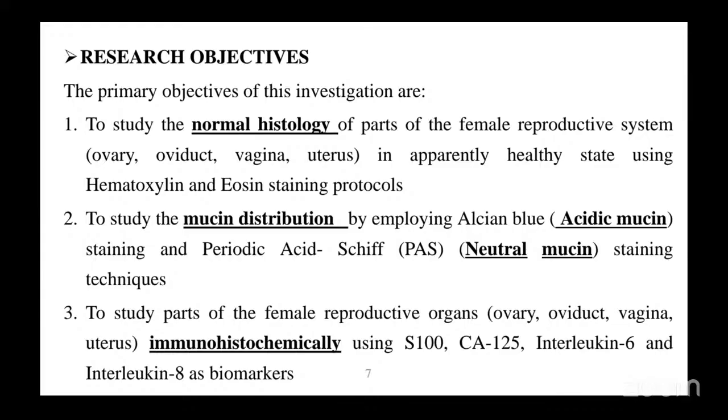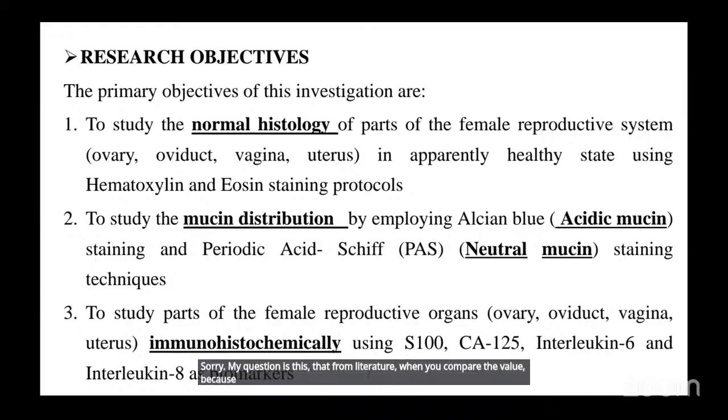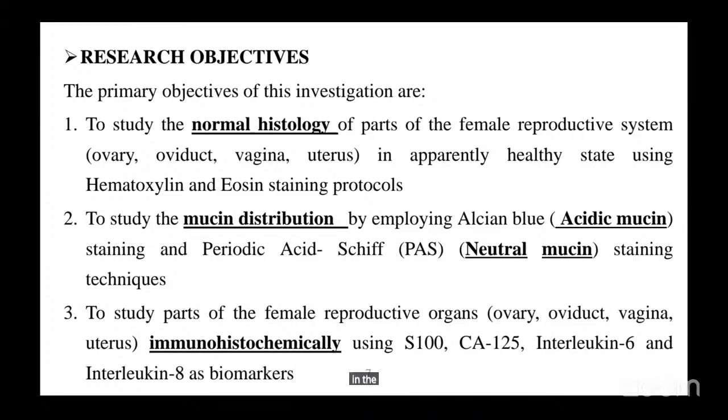Okay, maybe you did not understand my question. My question is this: from literature, when you compare the values, are you saying that these values have not been determined in animals before?